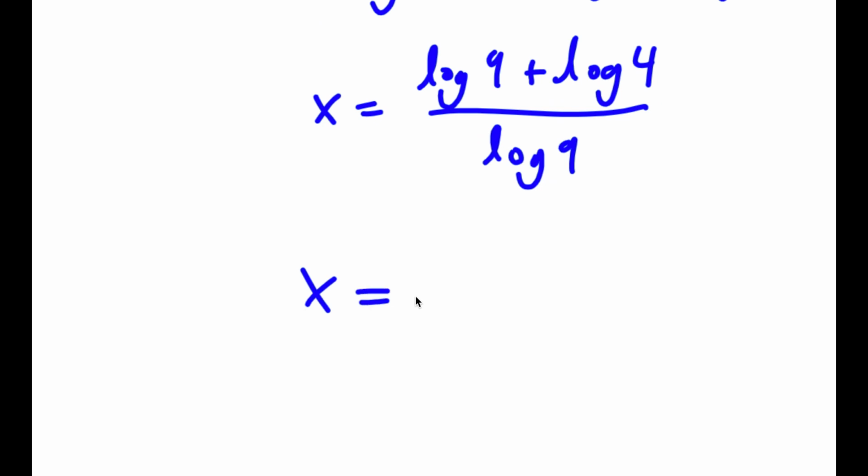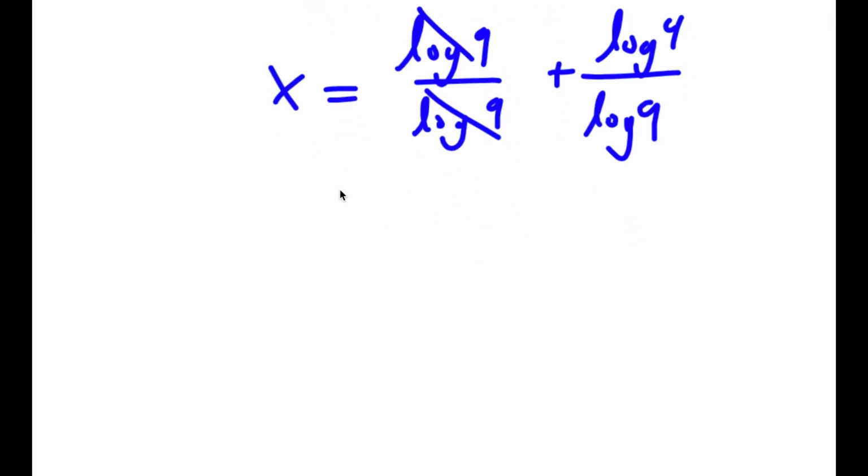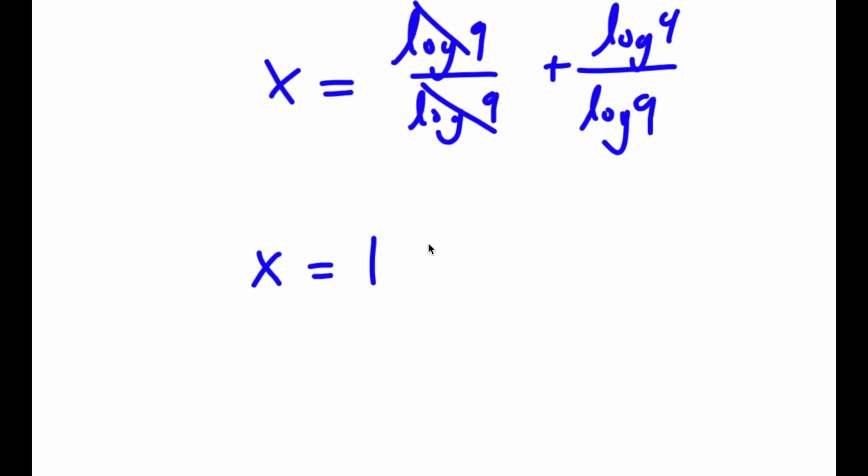So now this is the same thing as log 9 over log 9 plus log 4 over log 9. Log 9, these two cancel out, so I have x is equal to 1 plus log 4 over log 9.